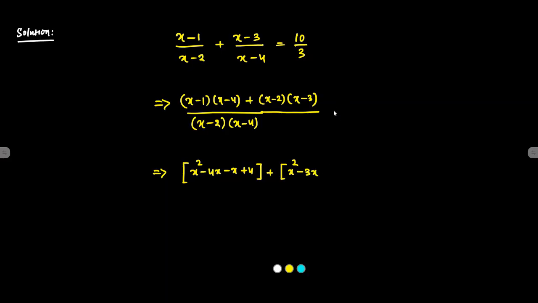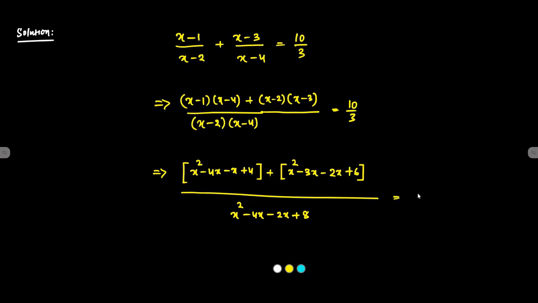So this is equal to 10 by 3. Okay, I missed it, sorry. So x square minus 3x minus 2x plus 6 by, here it is x square minus 4x minus 2x plus 8. Okay, this is equal to 10 by 3.